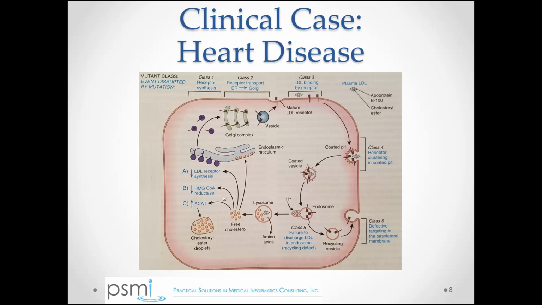So it also decreases LDL receptor synthesis, decreases cholesterol synthesis, and it also increases this acyl-CoA cholesterol acyltransferase enzyme, which allows the cholesterol esters to be collected in droplets in the cell. And then these, of course, decrease new cholesterol formation.